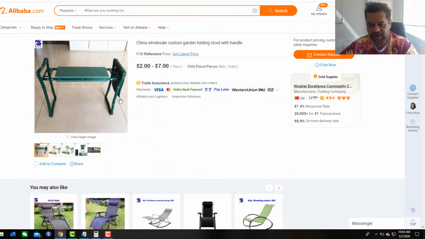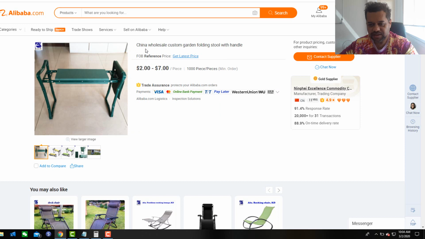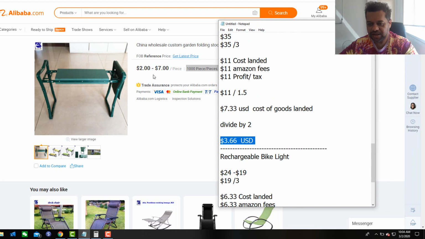Here I found one under ready to ship, and it's not really the best product. I mean, you could get it for maybe $2 if you bought 1,000 pieces, which would make it profitable. But you're not going to get it for $2 if you're just going to buy 10 pieces.